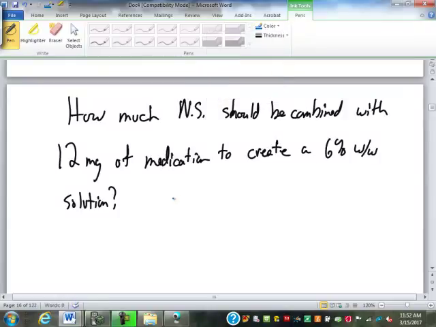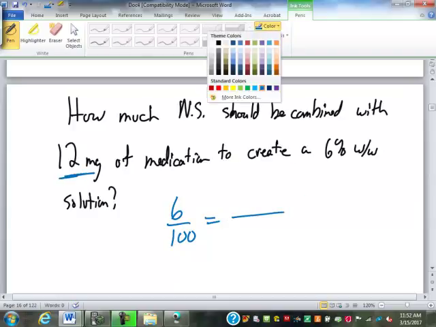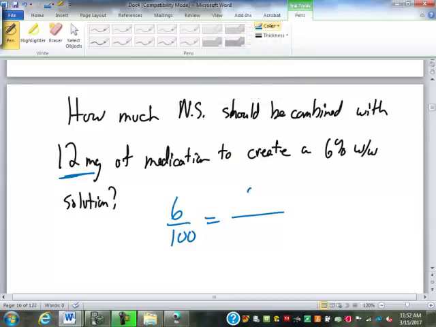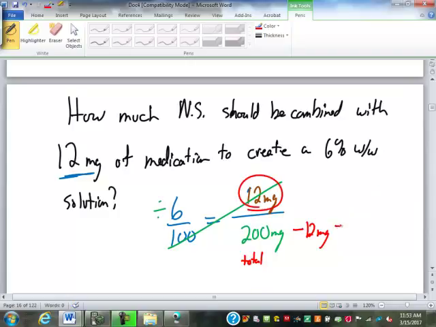So 6% means 6 out of 100. So this is just back to our percent calculations again. The 12 milligrams, that is the serum, would go on top. And if we cross multiply and divide here, 100 times 12 divided by 6, we get 200 milligrams down here. Now remember, this is the total, so we do still have to subtract the 12 milligrams of medication, of serum here, to get 188 milligrams of saline.